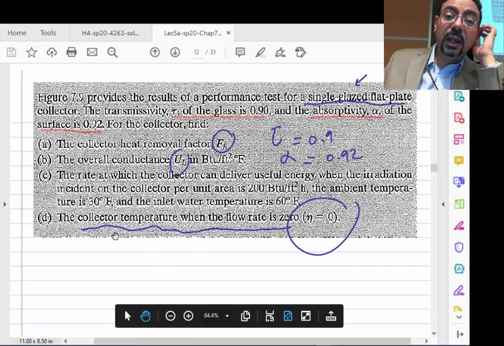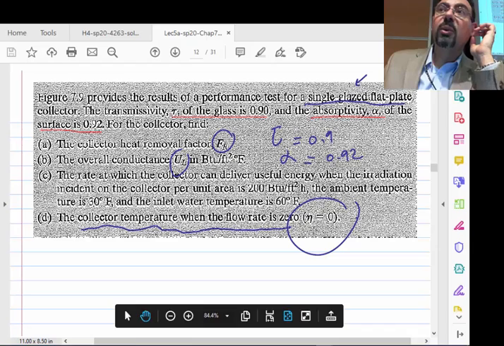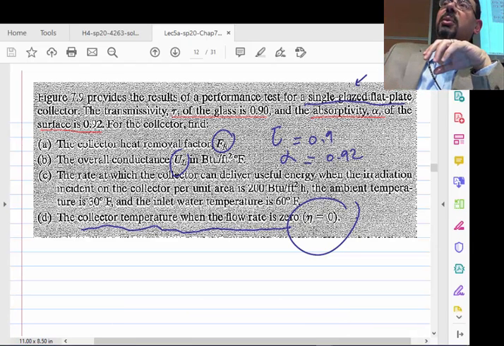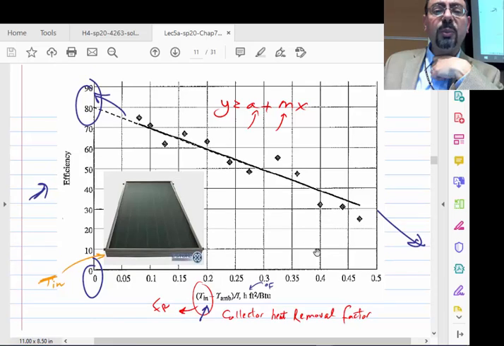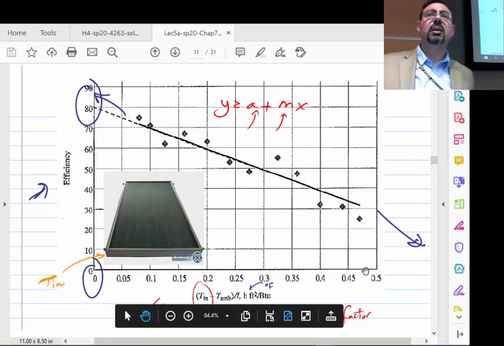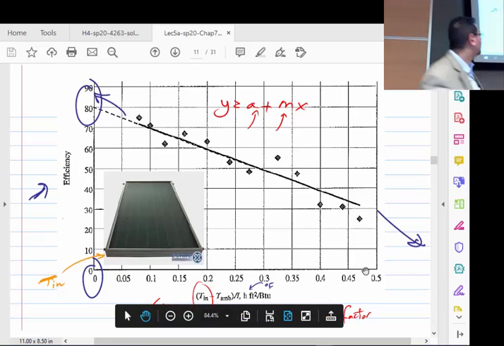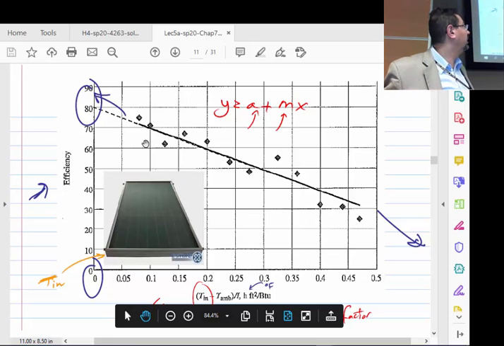Then calculate the temperature when the flow rate is 0. When the flow rate is 0, that means he closed the pipe flow. So what is that point? Collector temperature when the flow rate is 0. Where is it? If we shut down the water in the collector, where would we be? Here or on the other side?